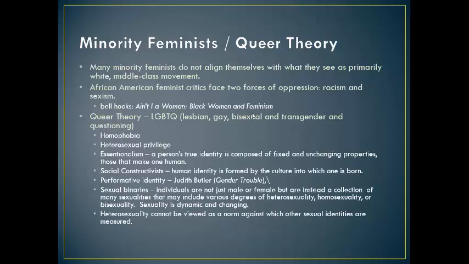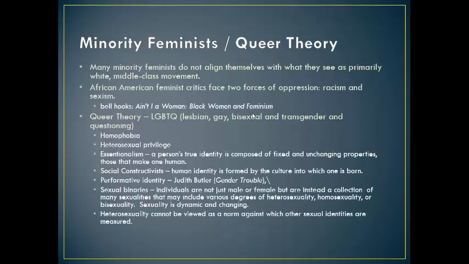This is on page 112, where Judith Butler is talking about performative identity and the idea of sexual binaries. The idea is that individuals are not just male or female, but are instead a collection of many sexualities that may include various degrees of heterosexuality, homosexuality, or bisexuality.